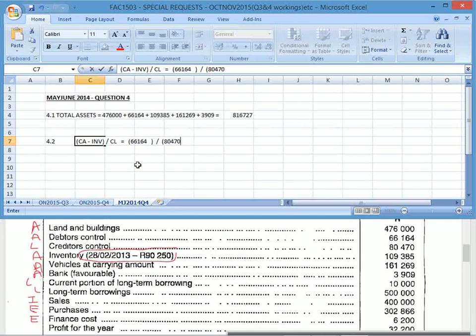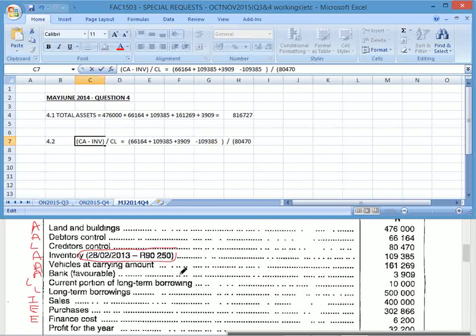Inventory is a current asset, so I'll add it, 109385, and then later on you'll have to subtract 109385. Vehicles, non-current. Bank, current. Plus 3909.